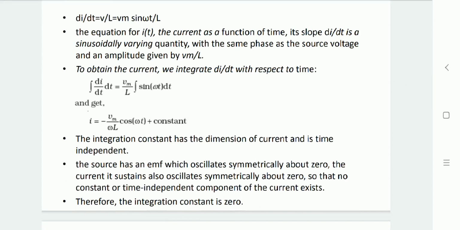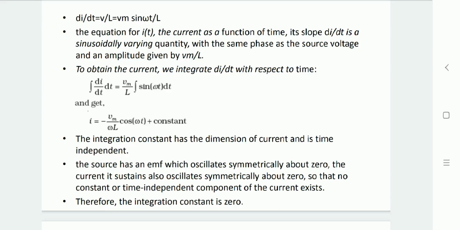By considering that, the oscillations are available symmetrically about 0, and the current is sustained with oscillations with respect to 0. That constant value is time independent, so we are avoiding it and considering it as 0.